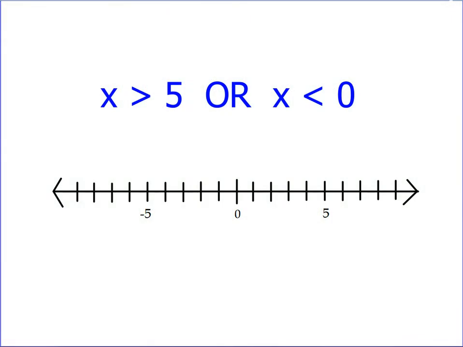Let's start with a compound inequality: x is greater than 5 or x is less than 0. There are a lot of values that fall into one or the other category, so let's take the time to graph each one. We first graph x is greater than 5, open dot at 5, shaded to the right.